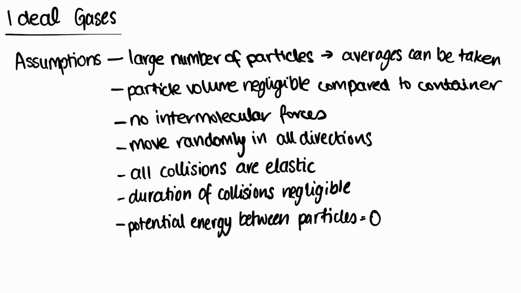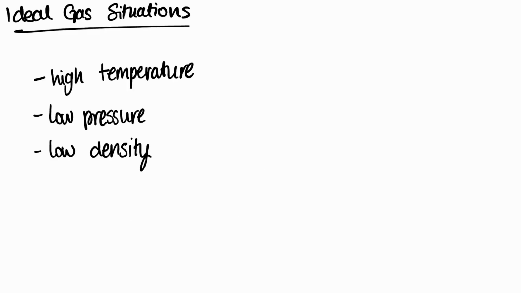There are no intermolecular forces, and the particles move randomly in all directions. Also, all collisions are elastic, which means that kinetic energy as well as momentum are conserved, and the duration of these collisions is negligible. Also, the potential energy between the particles is zero.